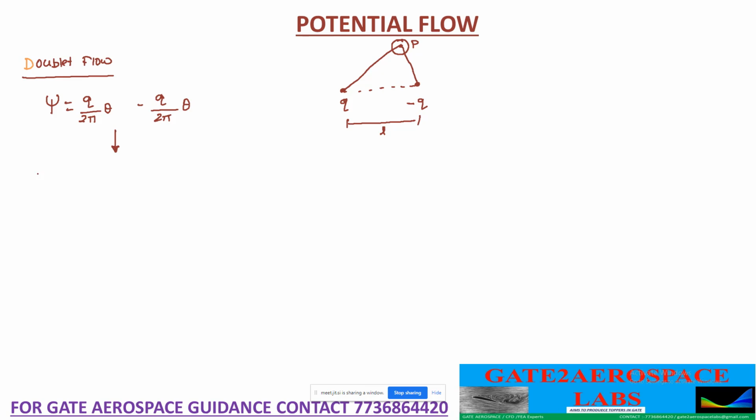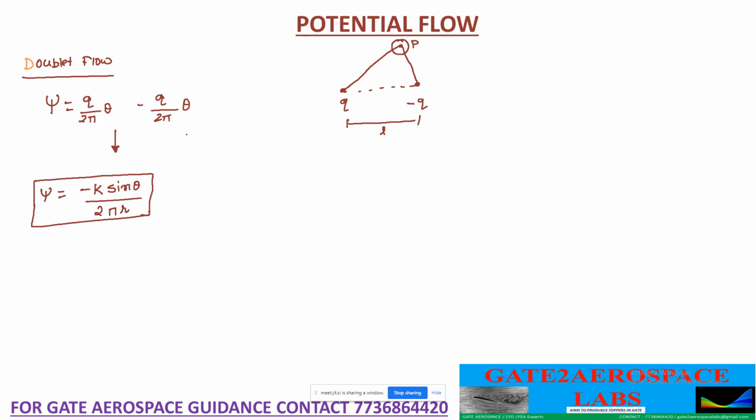If you solve it, you will get the stream function psi equal to minus k sin theta divided by 2 pi r. You have to remember this for the doublet flow. Actually, this also is not required. So remembering this is not required. That we will see later, why I am telling that it is not required.